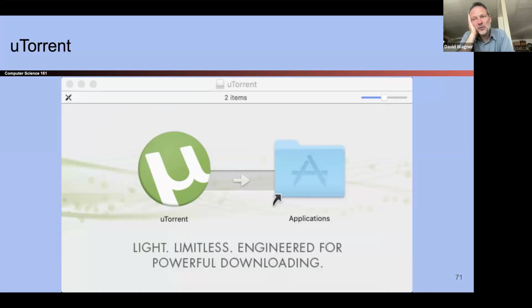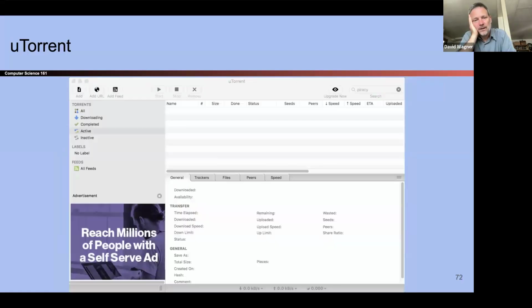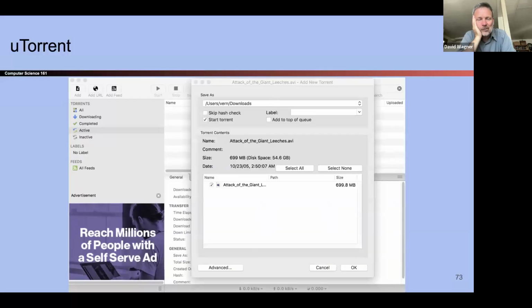So you download this thing from a website, you copy it into your applications folder, and then you run it. This thing launches, and it goes and searches for stuff that other people are sharing. Maybe you find some movie that you wanted to download, and it now will download it to your computer.